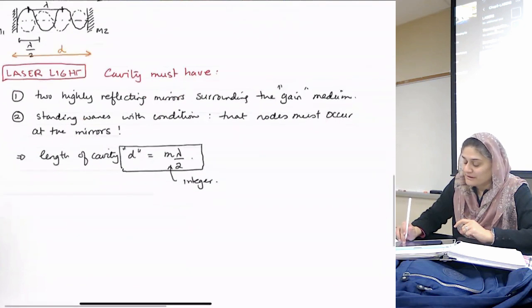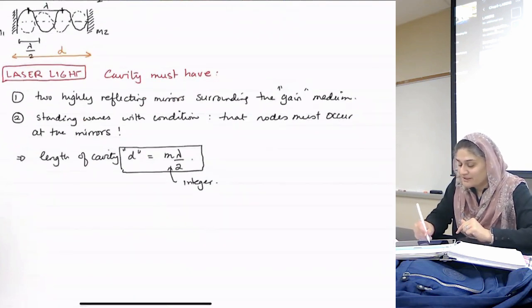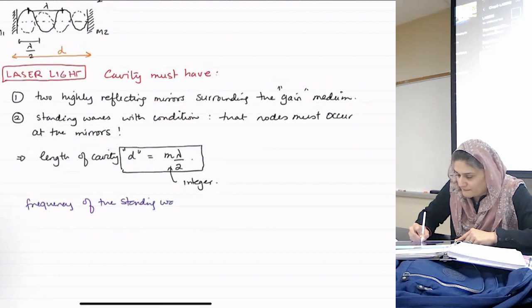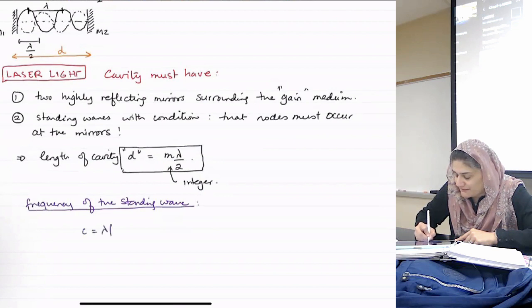Now, similarly, knowing the stuff I know from before, I can find the frequency of the standing wave. What do I know about speed? c equals lambda f, or f equals c over lambda.